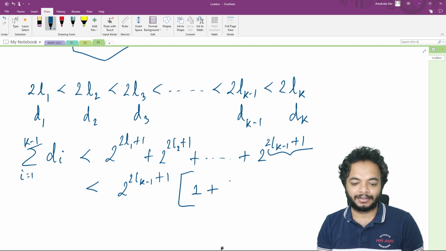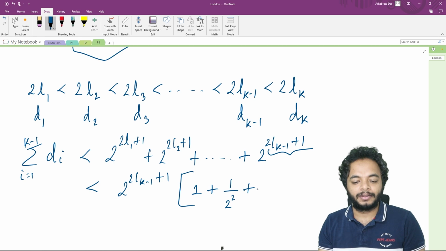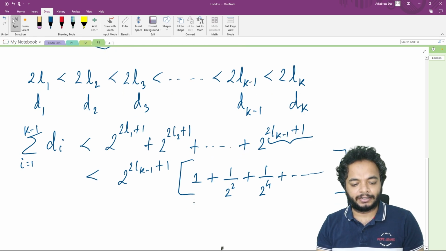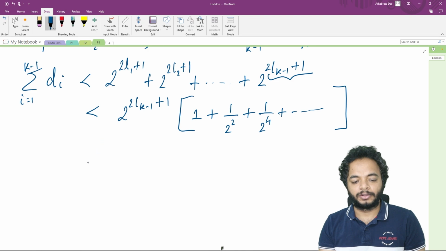So I'll take 2 squared, and then the next one might be at least 2 to the power 4, and so on, and I am adding up this infinite series. So this thing is strictly greater than that, no doubt.